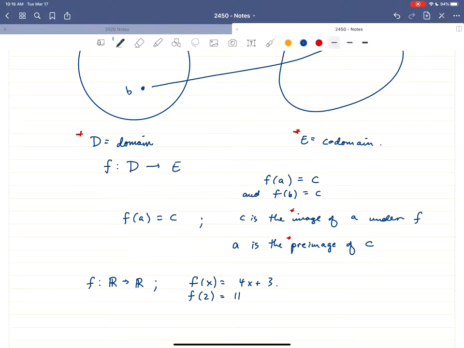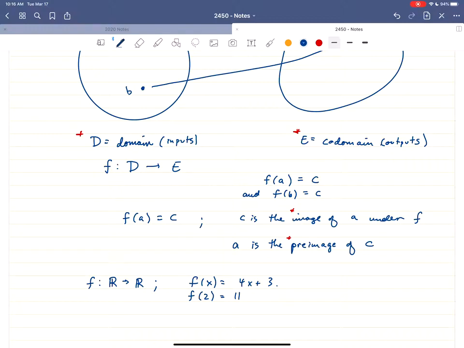I often think of the domain as the set of all the inputs, and then our codomain is the set of all the outputs. That's just generically how I think about those. And so if we input 2, we output 11.